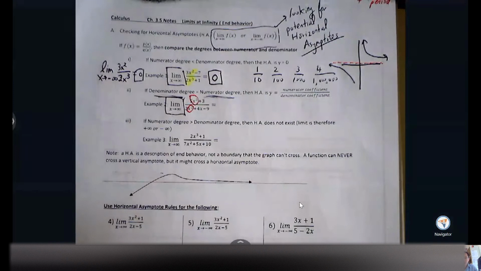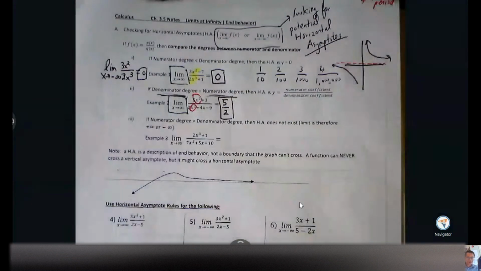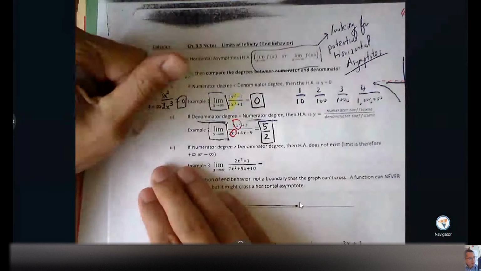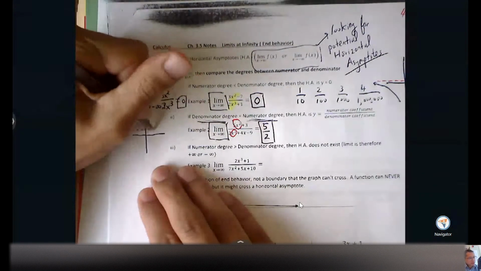If my degrees are the same, they're both rising at the same rate, but the 5 and the 2 are what determine the exact horizontal asymptote. So we just take the ratio of the coefficients, 5/2. So maybe the graph looks like this. Here's 5/2.